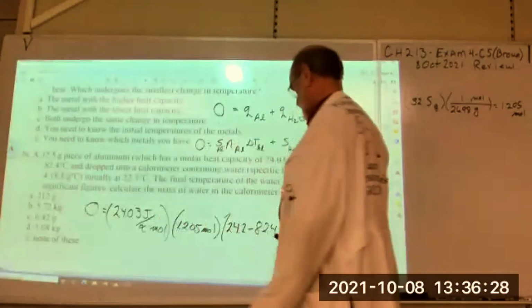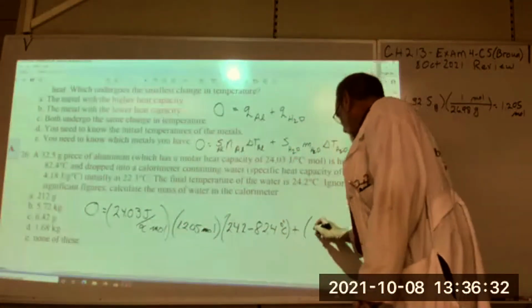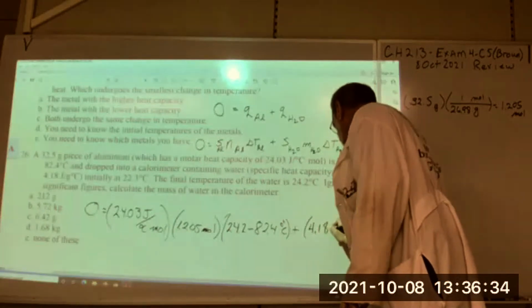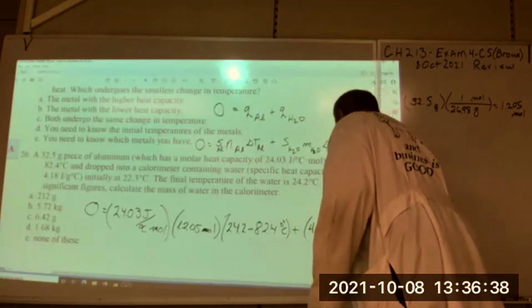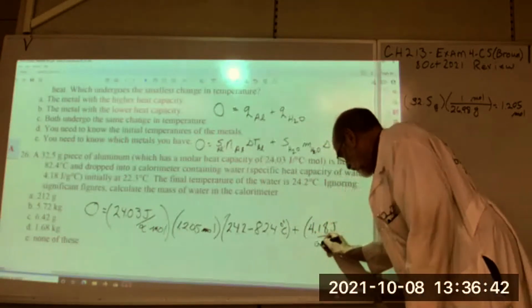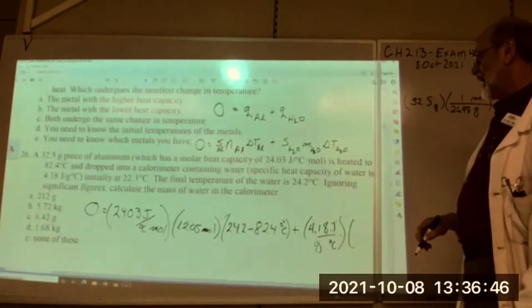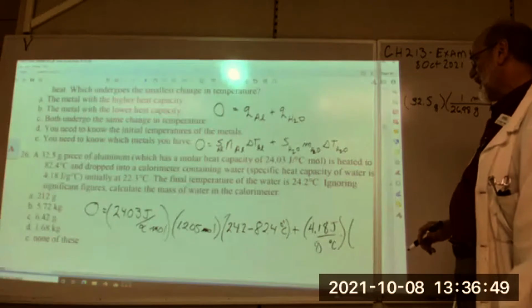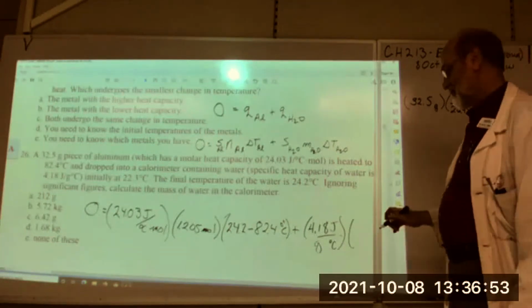Okay, that's aluminum. Now we got water, 4.18 joule per gram degree C. And what's the mass? That's the unknown.